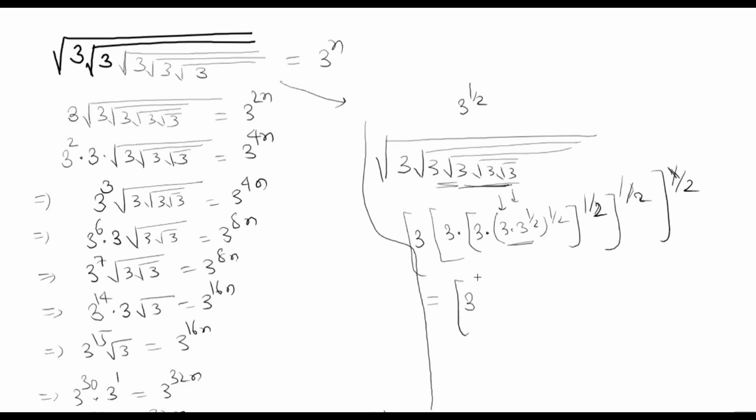And 15 by 16 plus 1, so 1 plus 15 by 16, if you can figure all that out, to the power 1 by 2. So this is going to be 31. 3 to the power 31 upon 32.